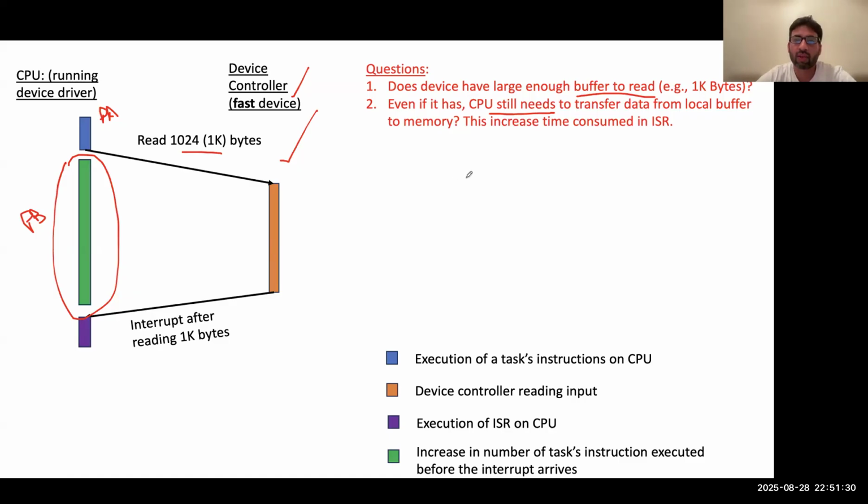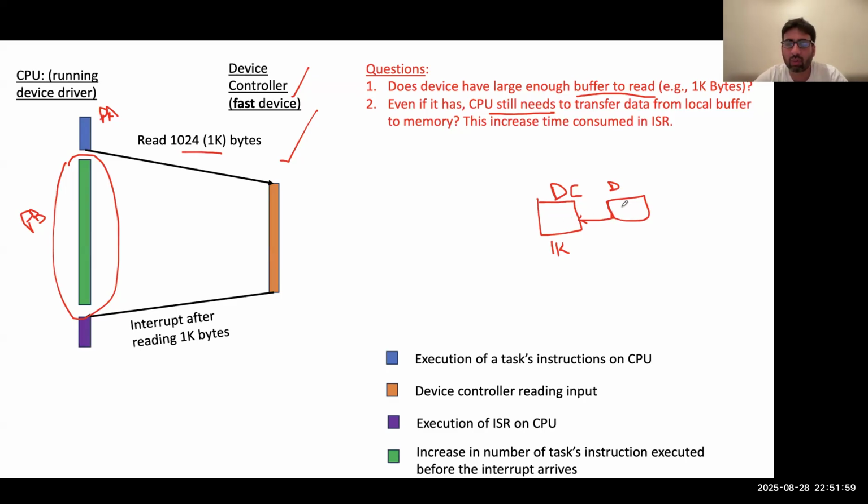So even if our device controller has, let's say, this is the device controller, the local buffer of the device controller, okay? And here you have 1 kilobyte of data, which is moved from the device into the buffer. Let's say I'm just trying to make things visual.